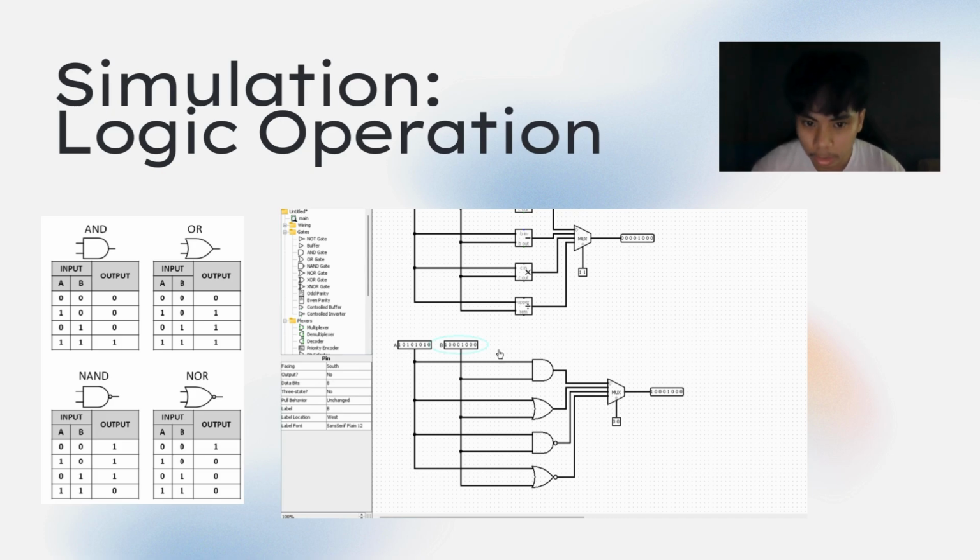So let's change our input on B to 1 1 1 1 0 0 0 0. As you can see, the output is 1 0 1 0 0 0 0 0, so it corresponds with the bits in our input A. Now let's try the OR operation.